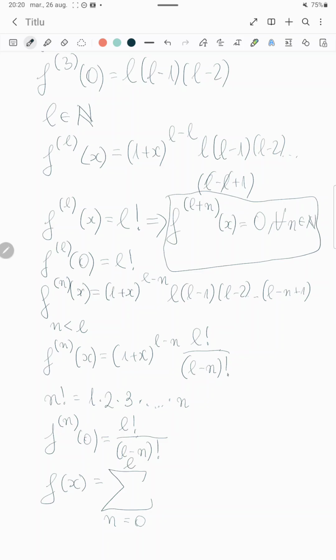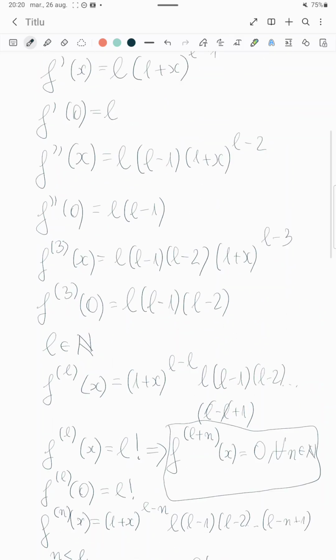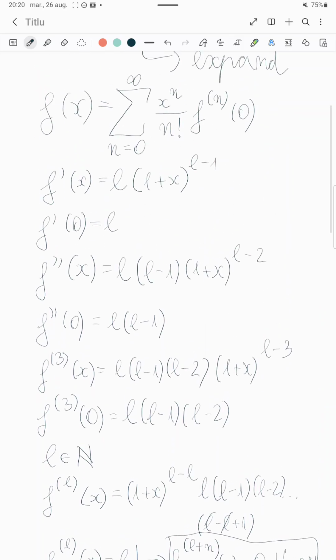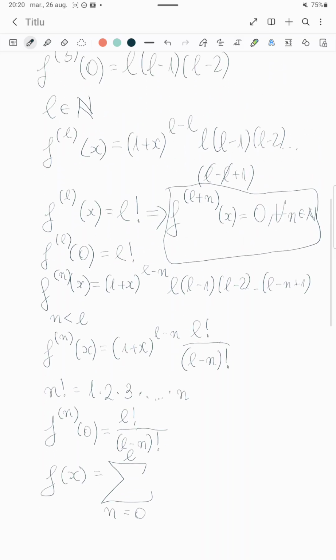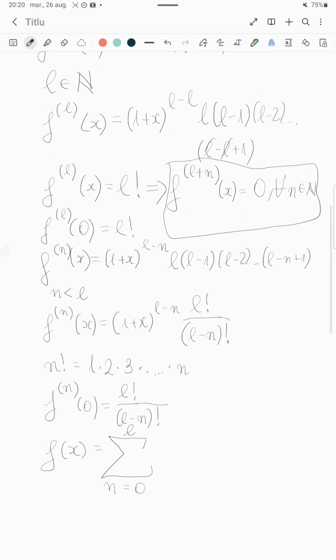Because at the points L plus 1, L plus 2, L plus 3, and so on, the n plus 1, n plus 2 derivative of f is going to be 0, and not just for the point x equals 0, but for every x. So therefore, we will only say like this.